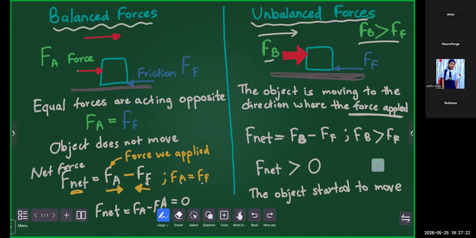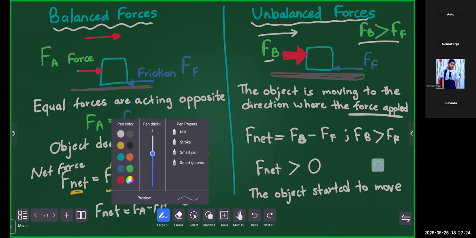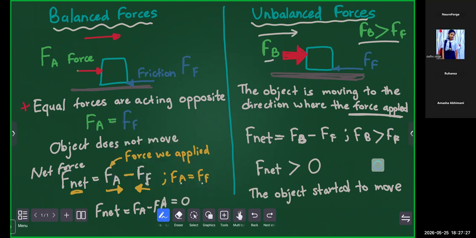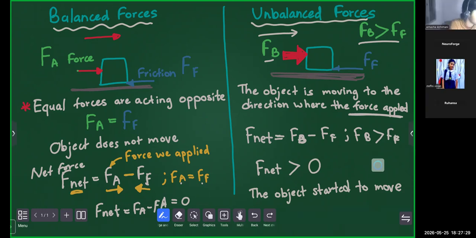You have to remember that in balanced forces, equal forces are acting opposite, the object does not move, and the net force becomes 0. In unbalanced forces, the object is moving to the direction where the force is applied, F net is greater than 0, and the object started to move.